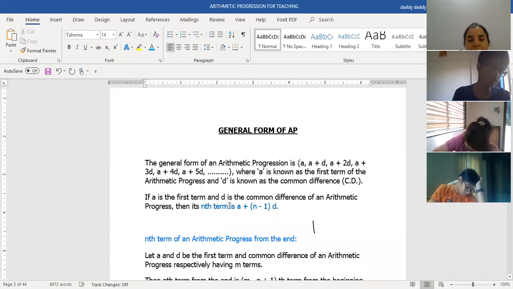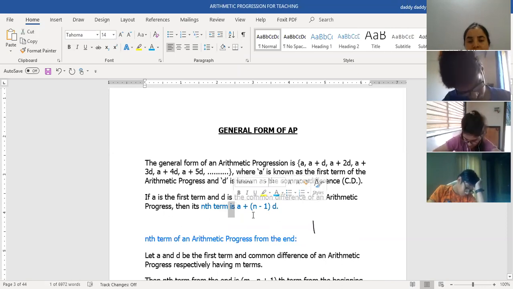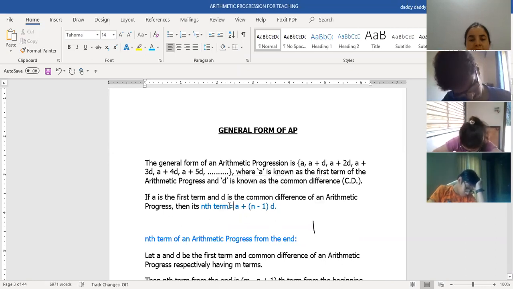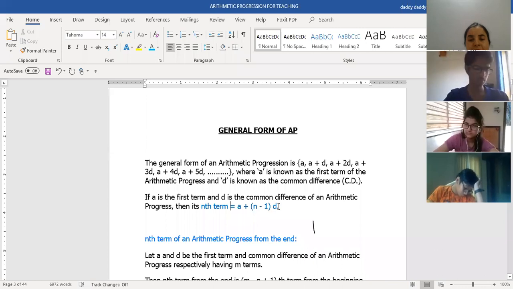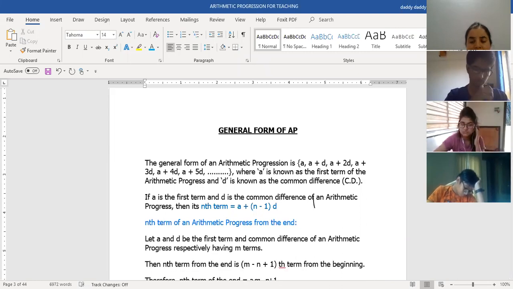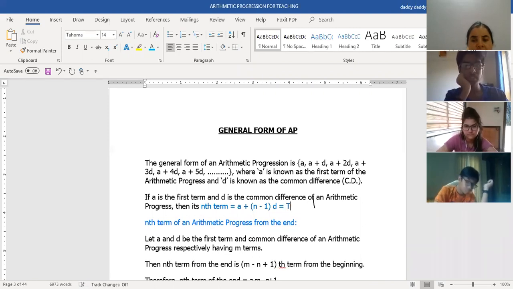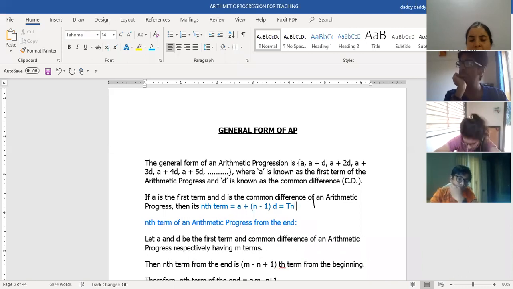Can you repeat? Yes. Nth term is equal to, in place of "is" just put the equal to sign, A plus, within bracket, n minus 1 into D. And sometimes you know what, it is denoted as Tn, that is the term which is sitting at the nth place, or it can also be written as A with subscript n.